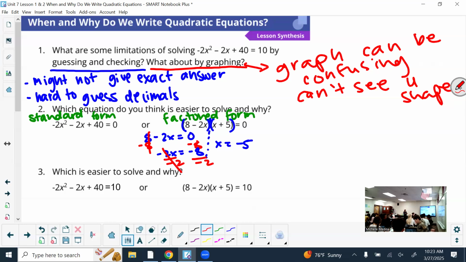And I get that x can also be 4, and that also makes it 0. It doesn't matter which one is the 0, and that's why there's usually two answers. It could be the first parentheses that becomes 0, or the second one. So when it's set equal to 0, I would say the factor form is easier to solve.